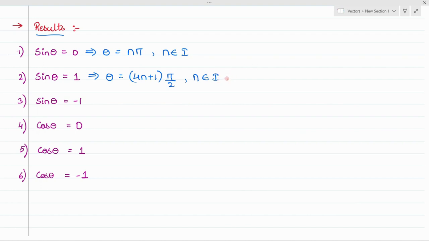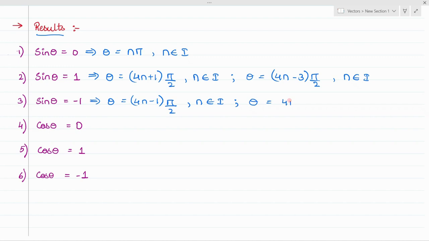The other solution that also exists is theta equal to 4n minus 3 times pi by 2. Third, if sine theta equal to minus 1, then the solution for theta is 4n minus 1 times pi by 2, where n belongs to all integers. The other solution is 4n plus 3 times pi by 2.